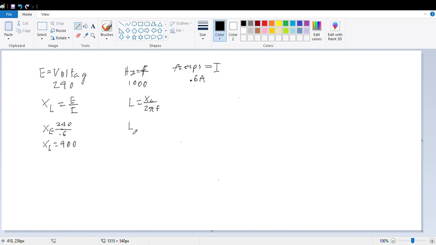So it's L equals our 400, because that's what our X sub L is now. X sub L is equal to 400.